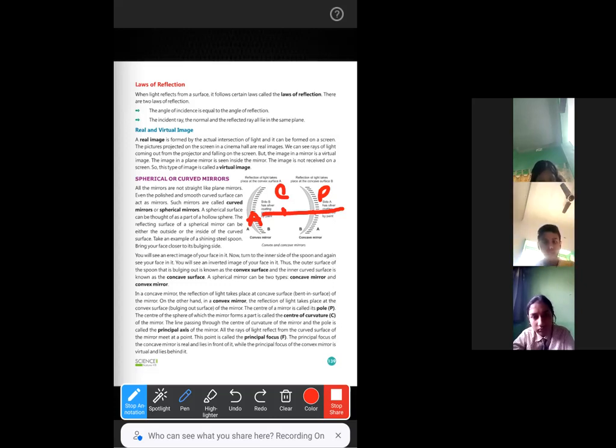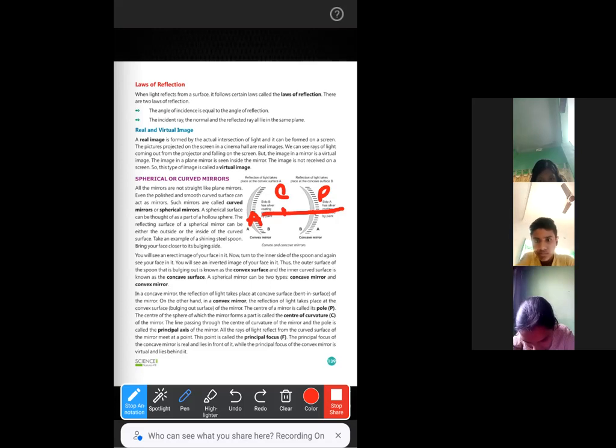And what is the principal axis? The imaginary line that goes through the center of curvature and the pole is called the principal axis. I have denoted the principal axis here with A, center of curvature with C, and pole with P.